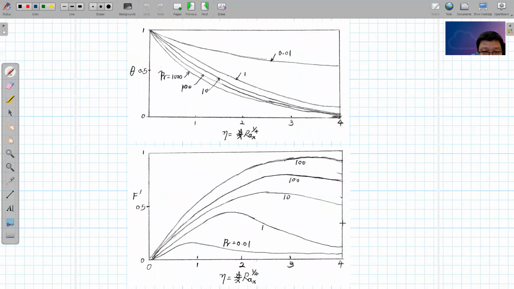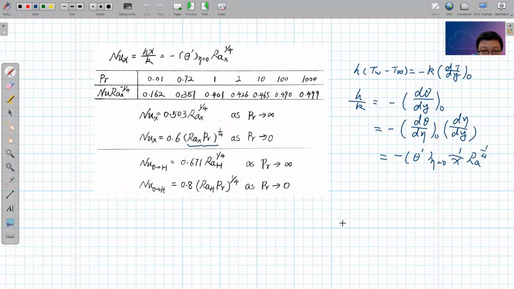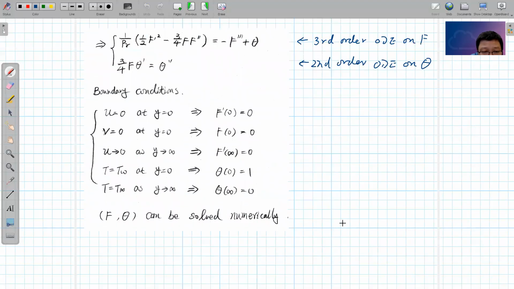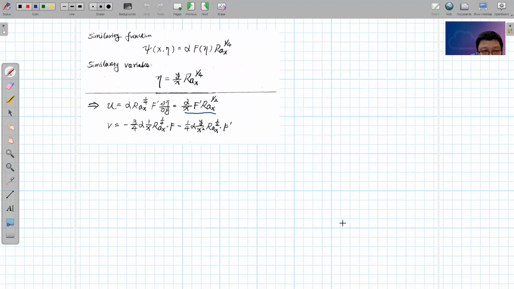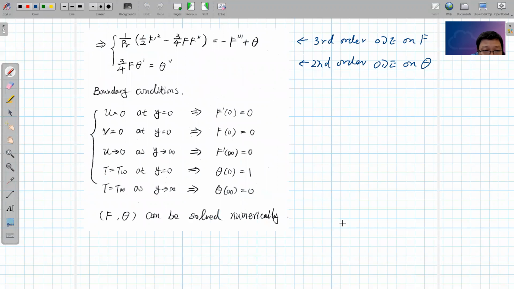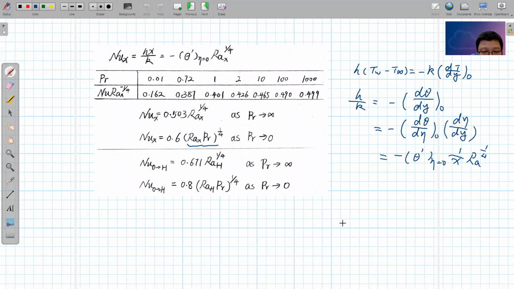After we get the solution, we can do a little bit of post-processing to get the Nusselt number. Also, after we know the f prime value, we can do post-processing to get what the friction force, the tau W, will be. But I cannot find it in the textbook, so I won't be able to show you here, because the textbook only contains this Nusselt number result.